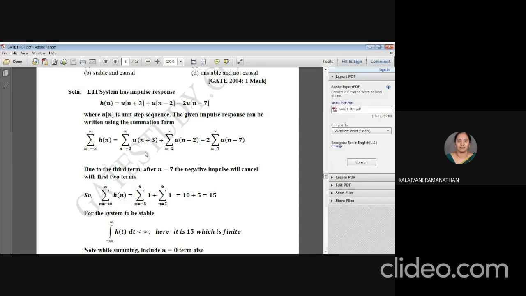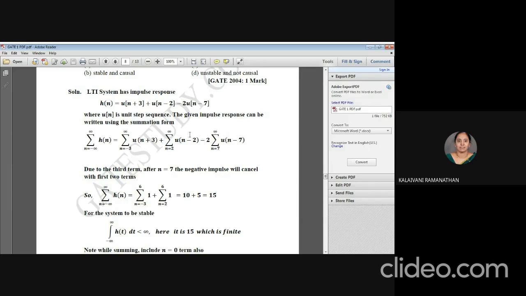After that, you can note down u of n plus 3, u of n minus 2 and u of n minus 7, each equivalent to 1 from their starting limits: minus 3, 2 and then 7. After the 7th sample, all the terms will be cancelled by the n minus 7 term.